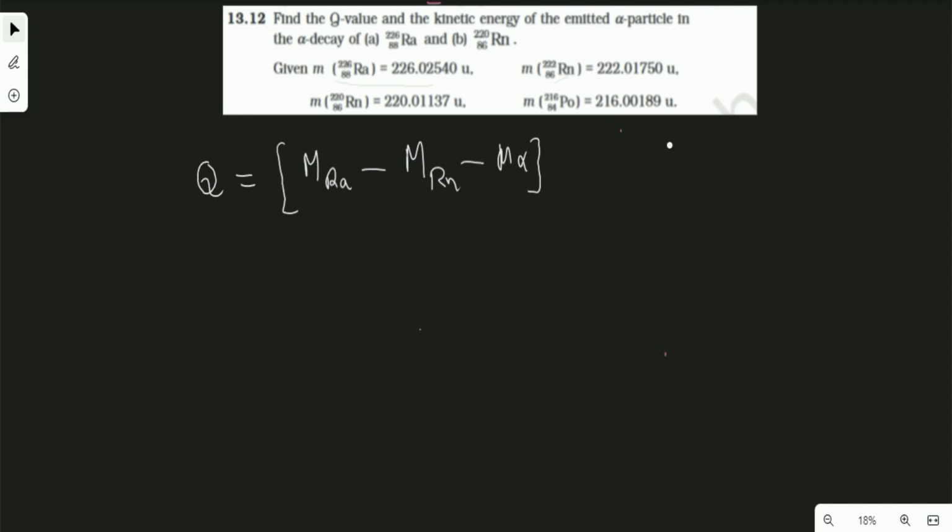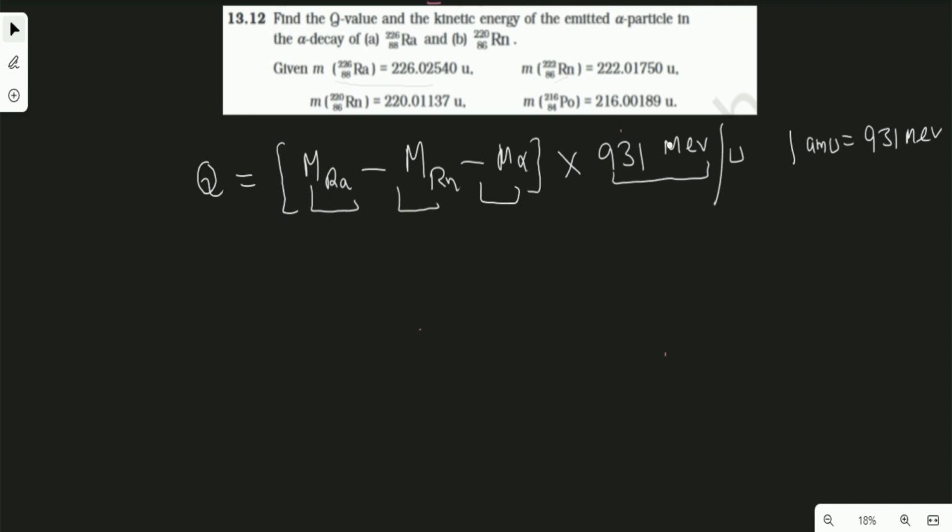Then you have to convert this. Everything is in U, atomic mass units. You multiply it by 931 MeV, which is the energy per atomic mass unit. One amu gives you 931 million electron volts.